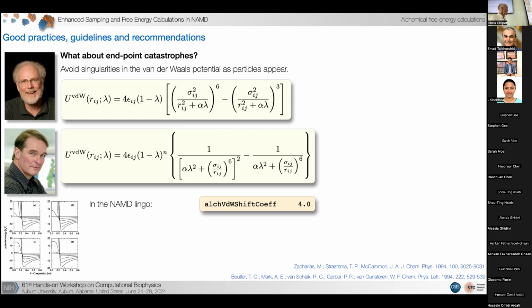And this is controlled in NAMD by the alchemical van der Waals shift coefficient. You can verify for yourself that if you play with this parameter, it does not change the actual net free energy change, but it makes you immune to crashes of NAMD, trajectory instabilities.